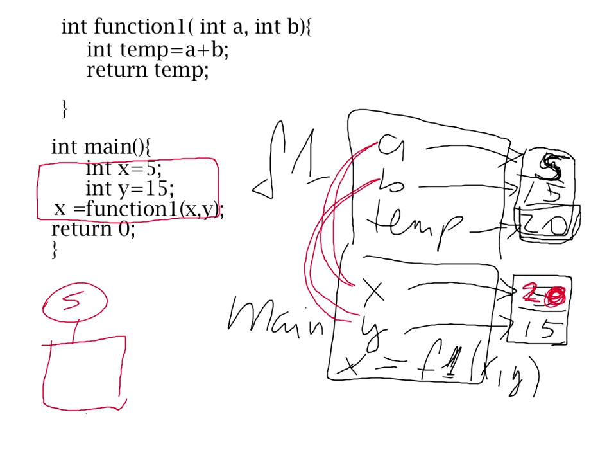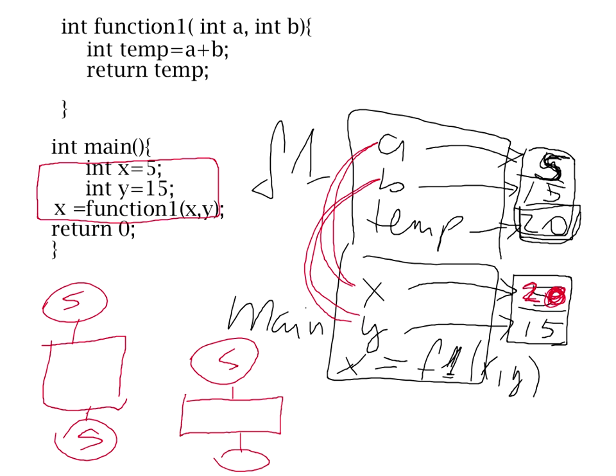And at that point we're just going to stop. Now function 1 also had its own flowchart, right? So at that point function 1 starts, and then we have a process inside, and then it returns.